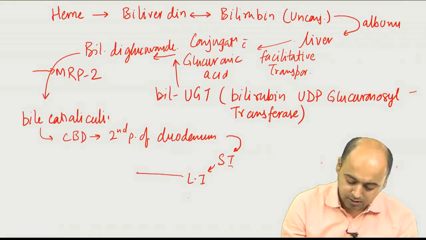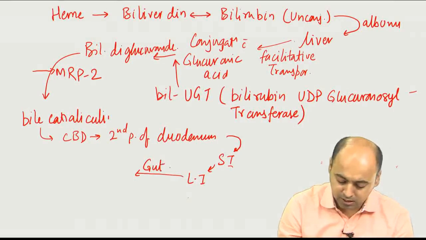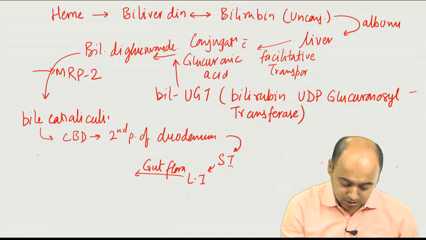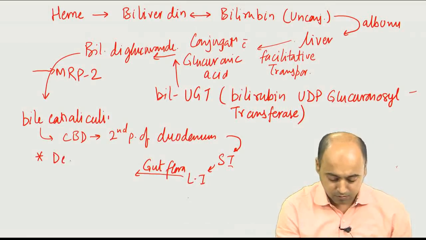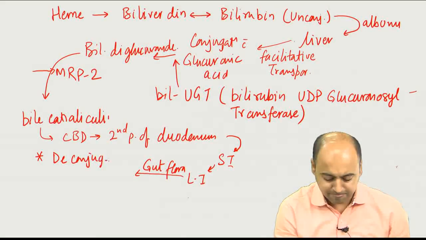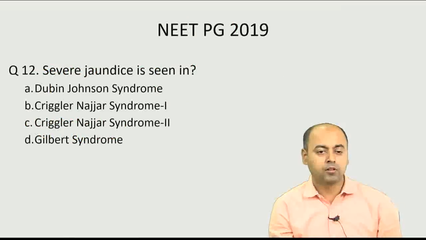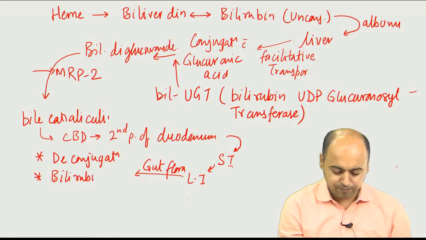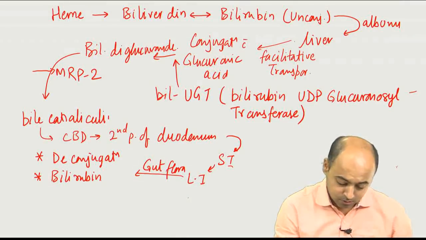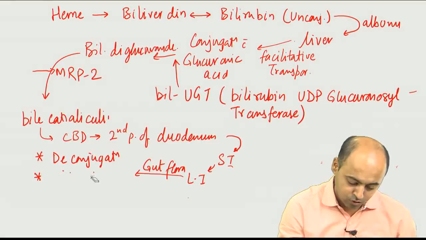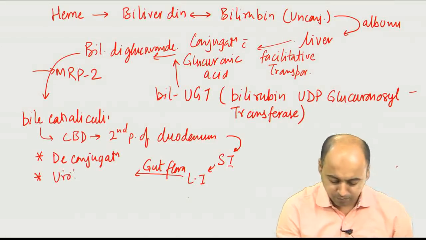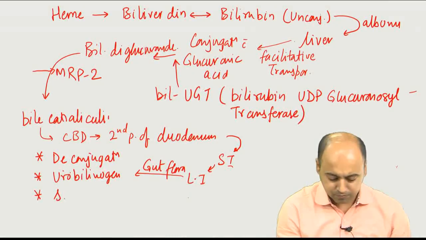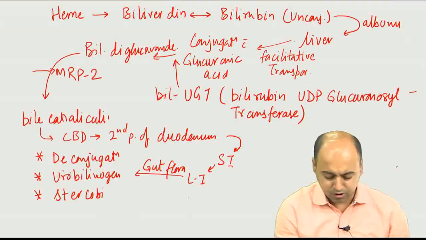In the large intestine it is acted upon by the gut flora. As a result of the action of gut flora, three things happen. Deconjugation, the conversion to bilirubin, the conversion to urobilinogen, and the conversion to stercobilinogen.